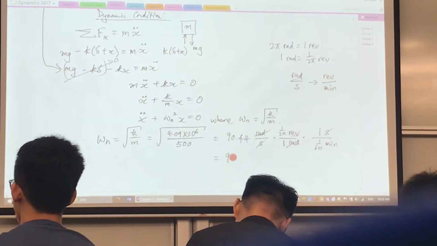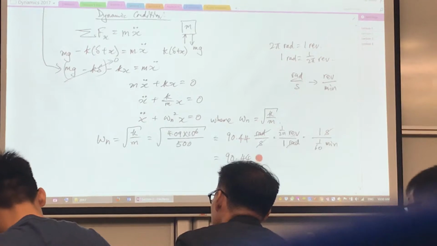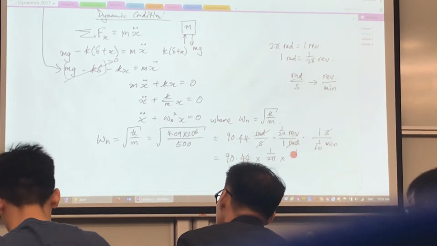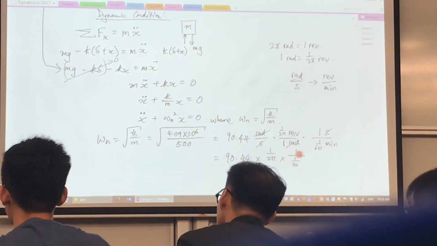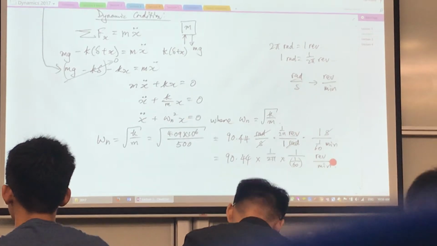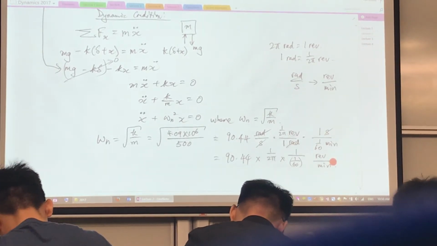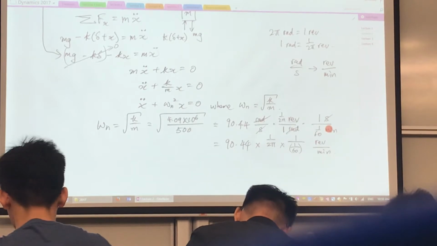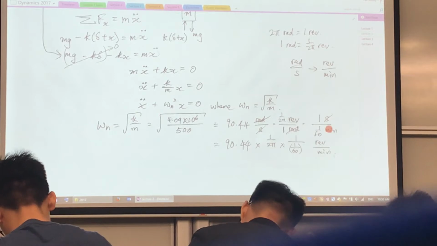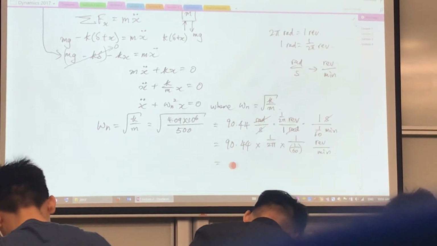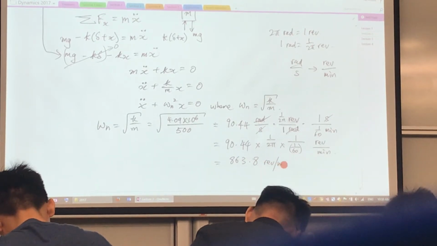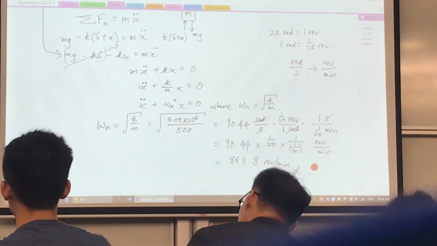So that means 90.44, you got to multiply by 1 over 2 pi, and multiply by 1 over 1 over 60, which is 60, and then you get revolutions. Very cool, right? You don't have to memorize things at all. It's logic. So do that calculation, and you get 863.8 rev per minute. That's the answer.